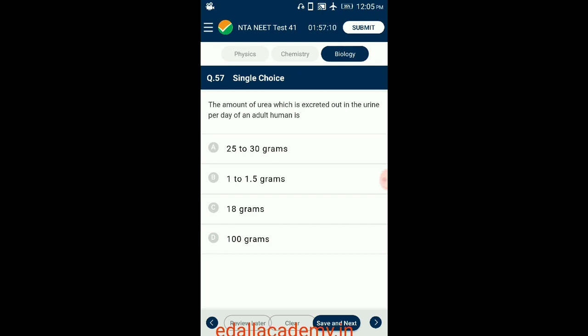Mammals, including humans, produce urea, whereas reptiles and many terrestrial invertebrates produce uric acid. Animals that secrete urea as the primary nitrogenous waste material are called ureotelic animals. An adult human excretes an average 1 to 1.5 liters of urine per day with 25 to 30 grams of urea. So the answer for this question is option A, 25 to 30 grams.